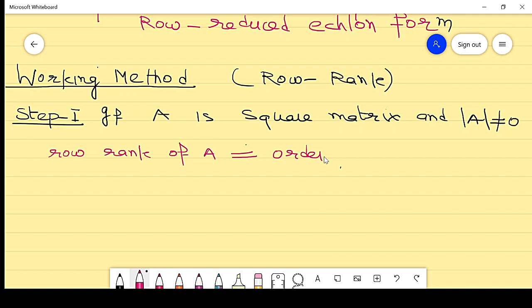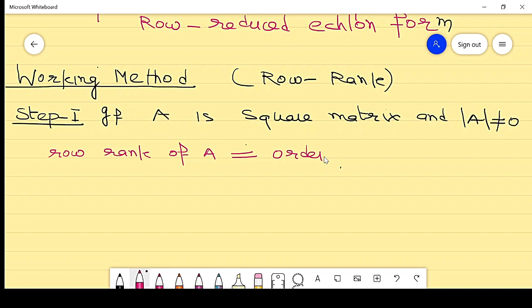If we have a matrix of order 3 and its determinant is non-zero, then again its order is its row rank. Clear? So this is very simple to check.